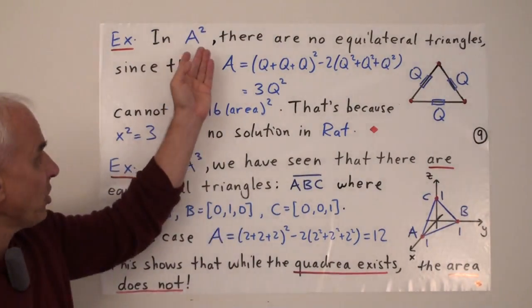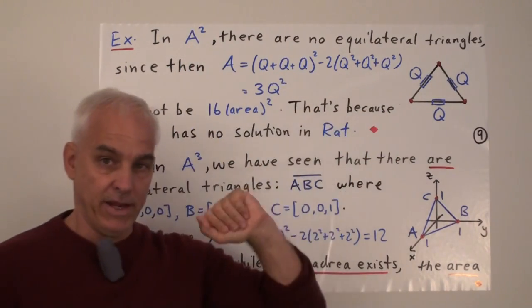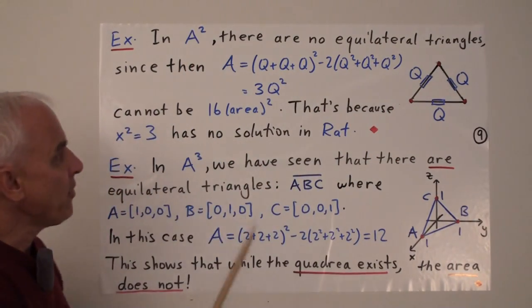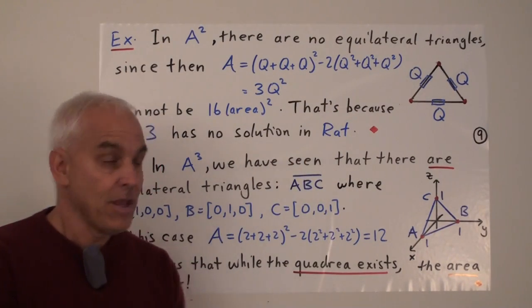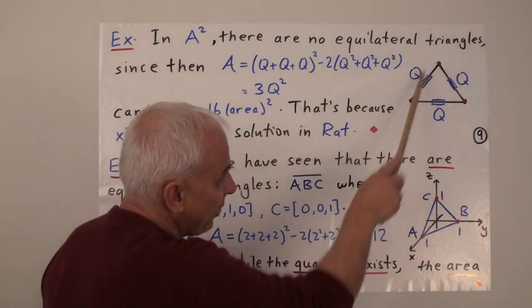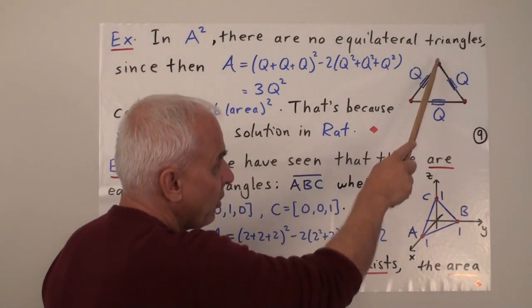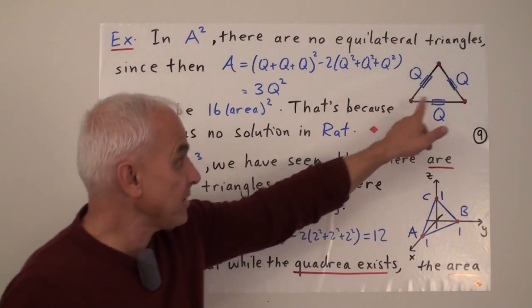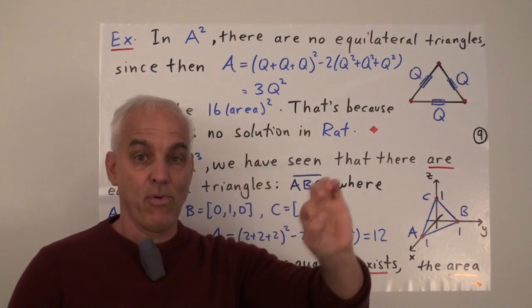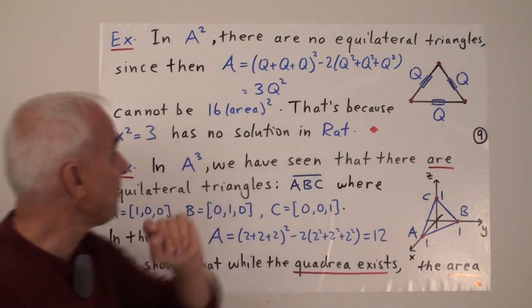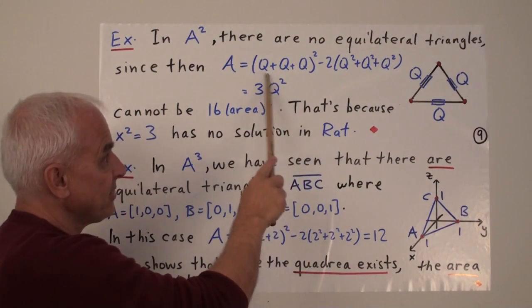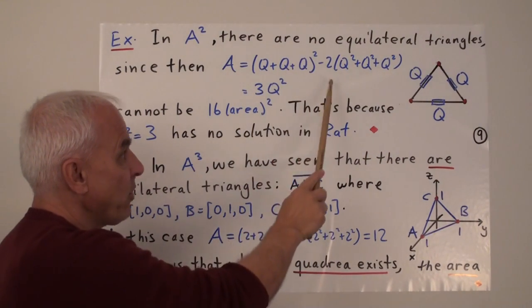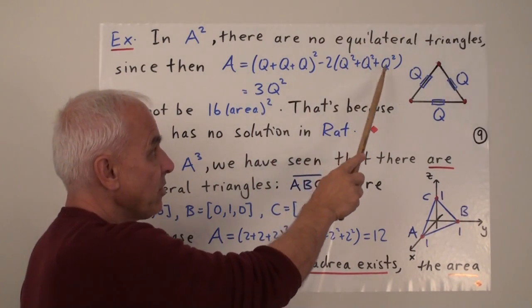In our two-dimensional Cartesian plane, in A2, there are in fact no equilateral triangles. Because if you had an equilateral triangle like this with quadrances Q, Q, and Q, with these three vertices all rational points, then if you compute the quadrea of this triangle, it's the sum of the three Q's all squared minus 2 times Q squared plus Q squared plus Q squared.